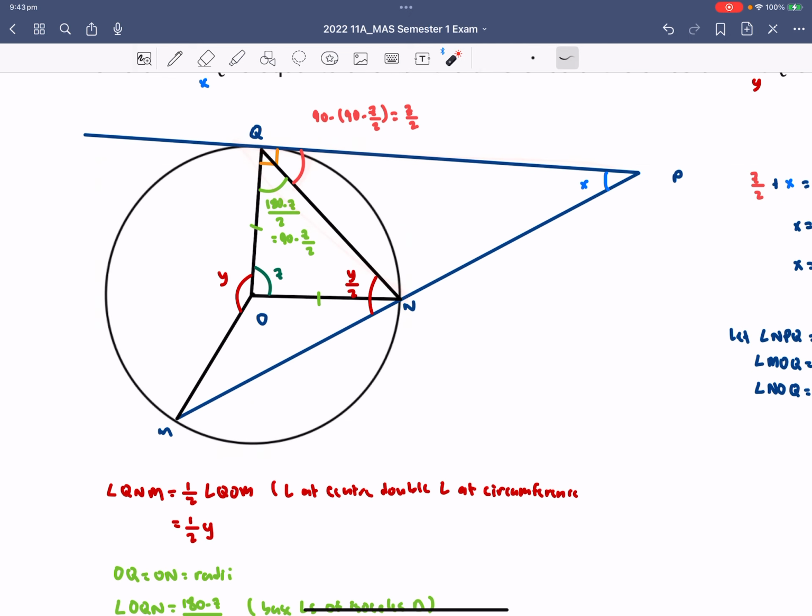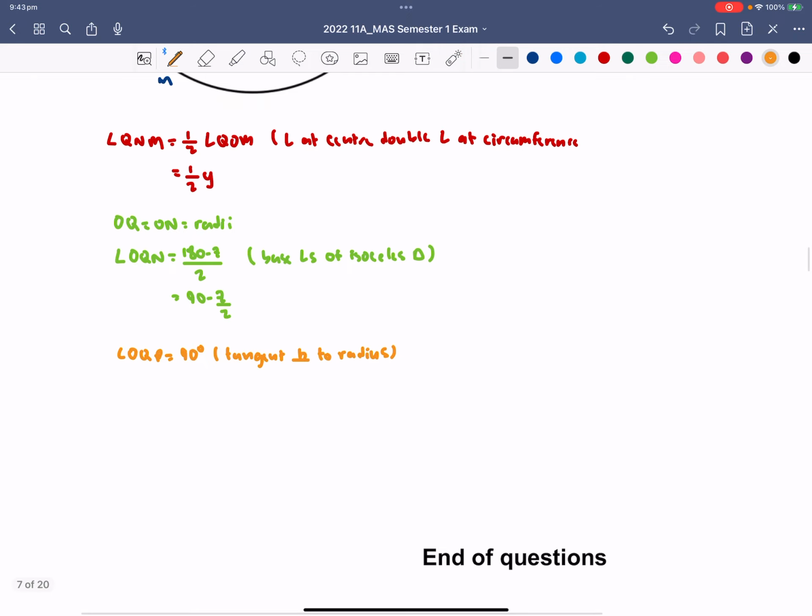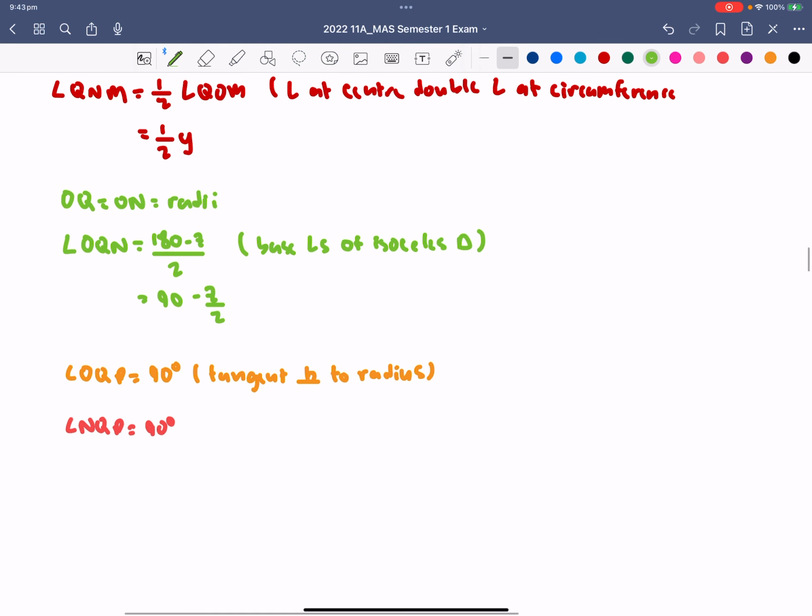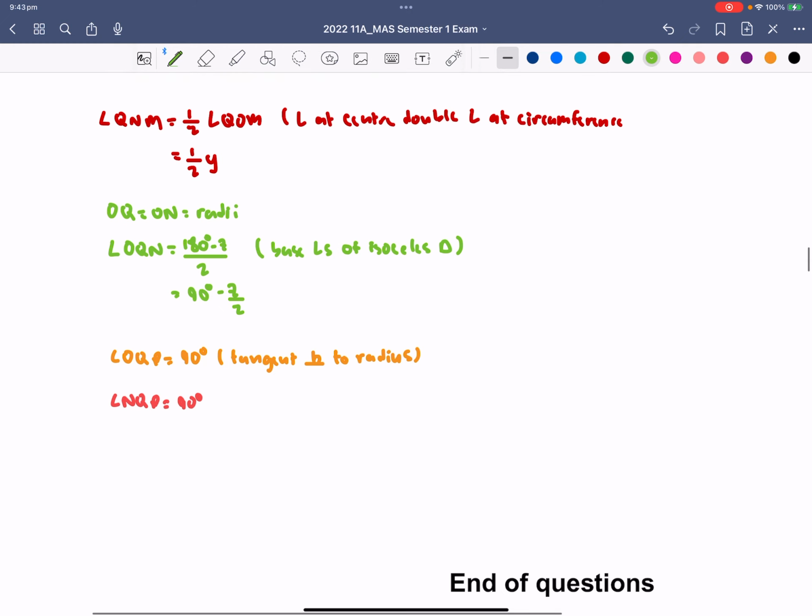Angle NQP was therefore just 90 degrees take away 90 degrees take z on 2. The 90 crossed out, and we just got left with z divided by 2.